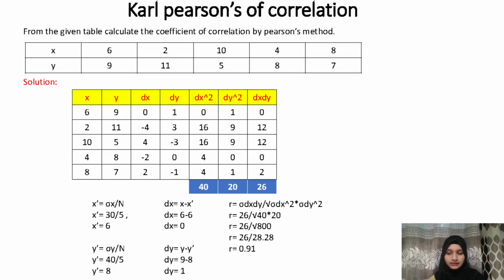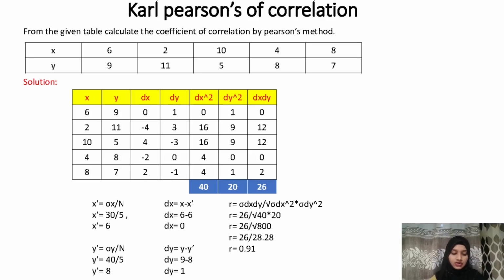So we can calculate in four steps. It is very easy to calculate the correlation of any problem. We can follow the four steps. First, calculate the mean of x and y. Second step, calculate the deviation of variable x, x minus x bar, from the mean, dx.